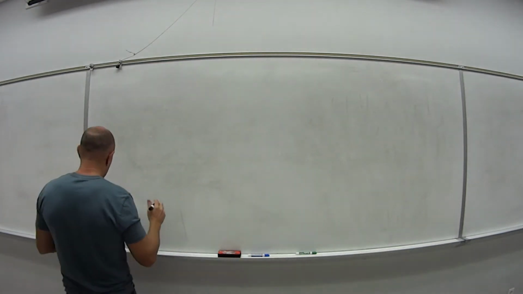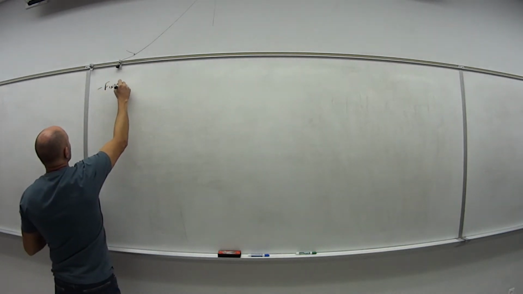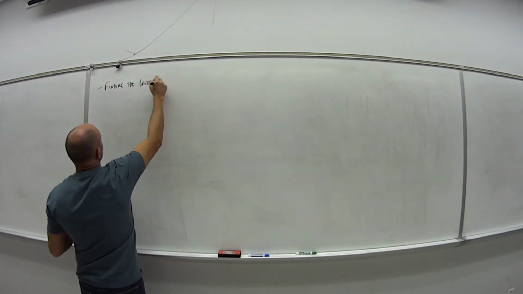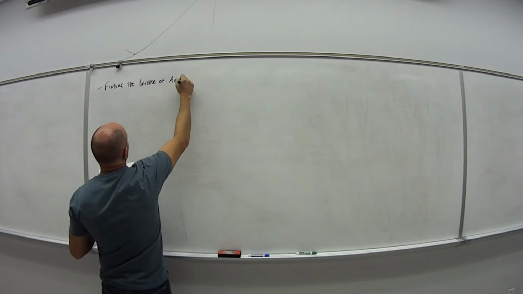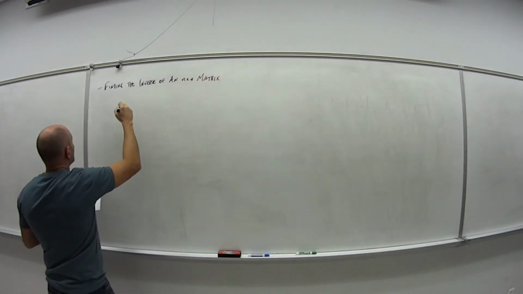If we have an n by n matrix bigger than 2x2, so finding the inverse of an n by n matrix, we do the following.